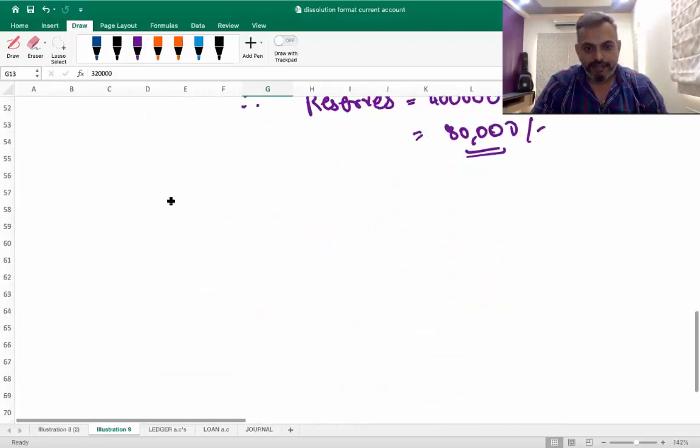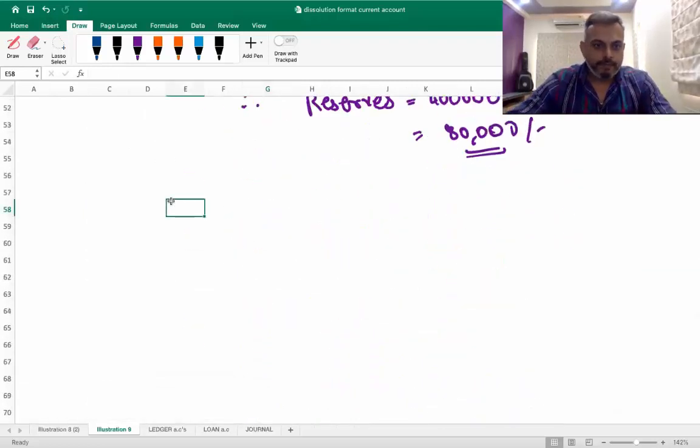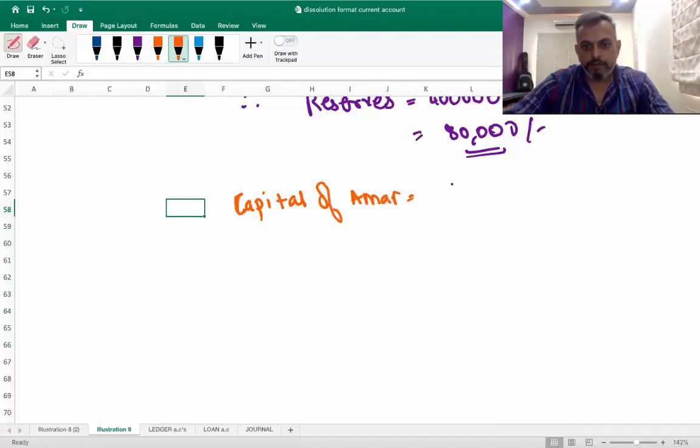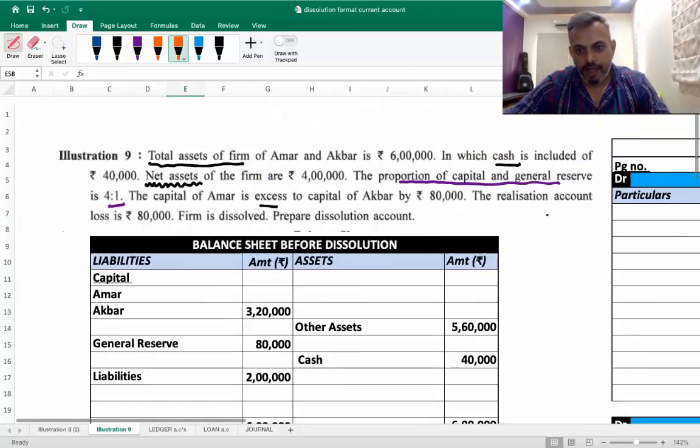So we write like this: capital of Amar is equal to capital of Akbar plus, it is more by how much?